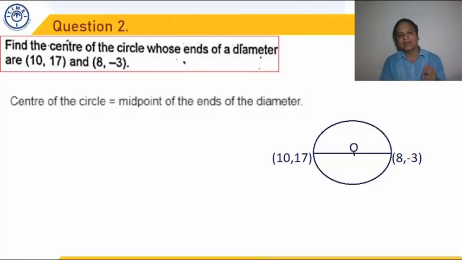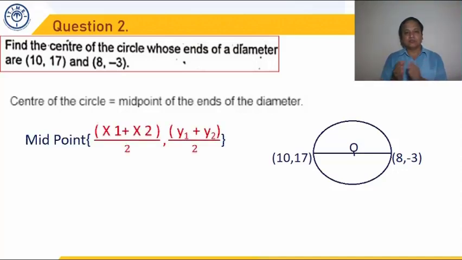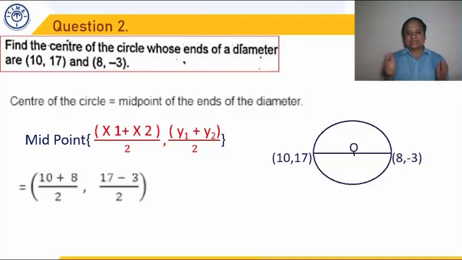Now what is the formula for the midpoint? The ratio m:n is 1:1. The coordinates of the midpoint are (x1 plus x2) by 2, (y1 plus y2) by 2. So it's 10 plus 8, that is 18 by 2, and 17 plus -3, 17 minus 3 is 14, 14 by 2.